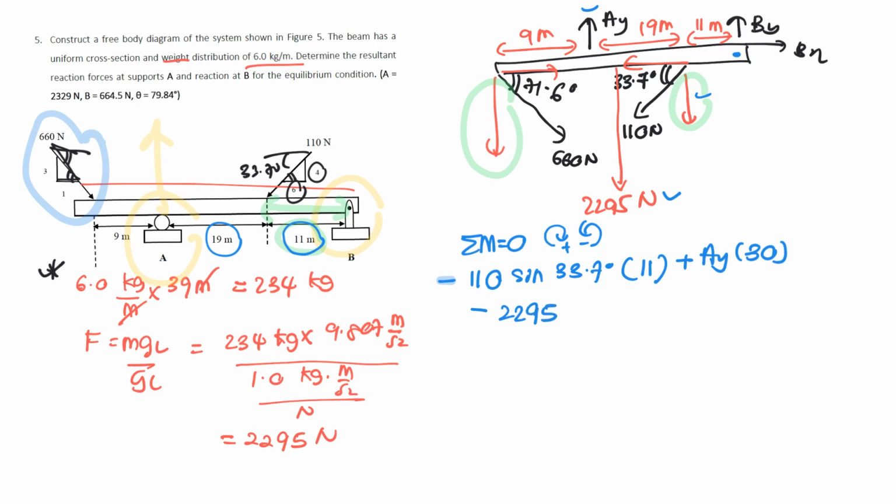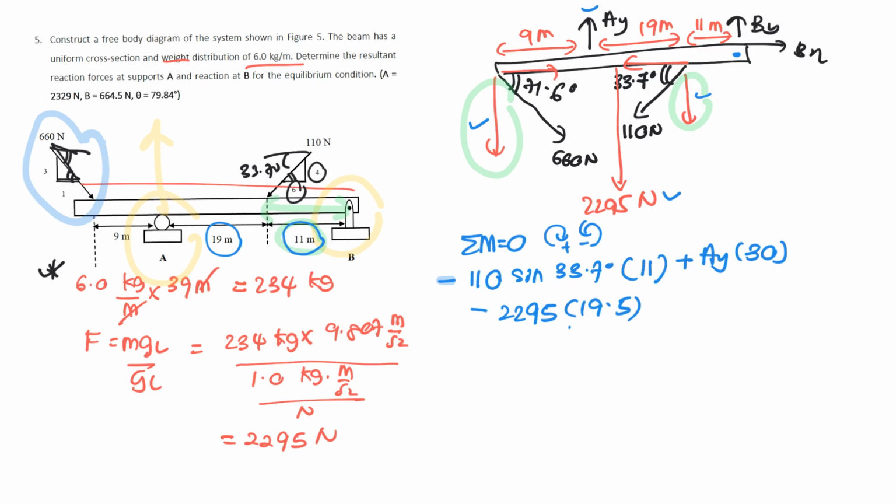Please take note, when it comes to the mass distribution, the force is always at the center. The total full length is 39, so you divide 39 by 2, then you get 19.5, because this one is always at the center of mass. And then the last one is 660. Definitely I'm going to get the y component because that one is perpendicular and produces moment. Clockwise or anti-clockwise?